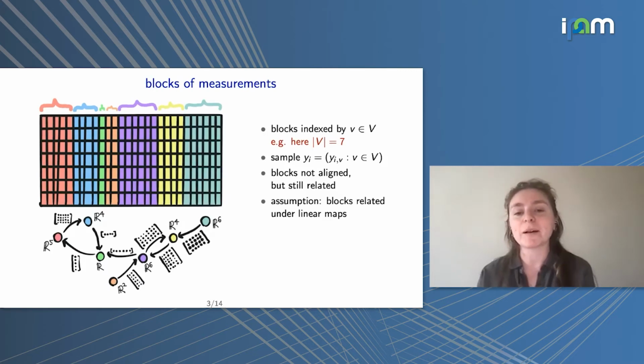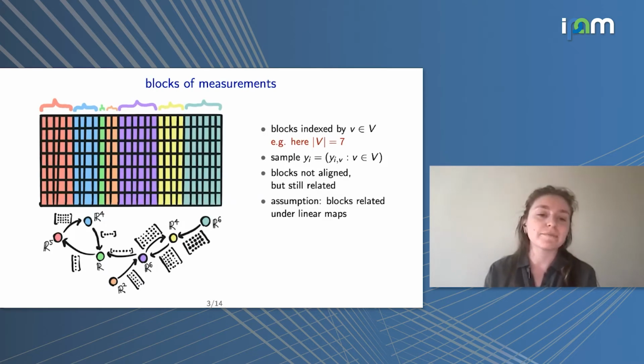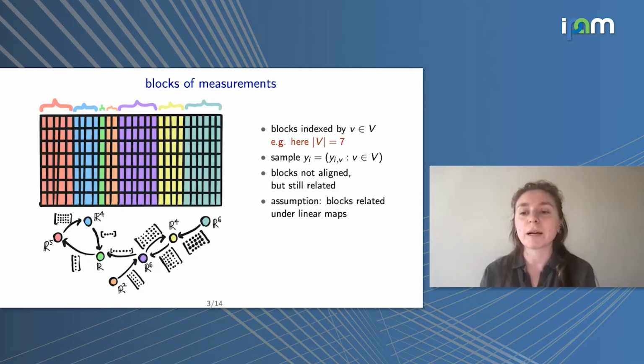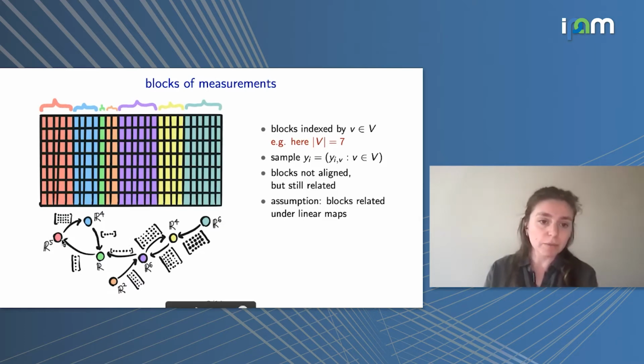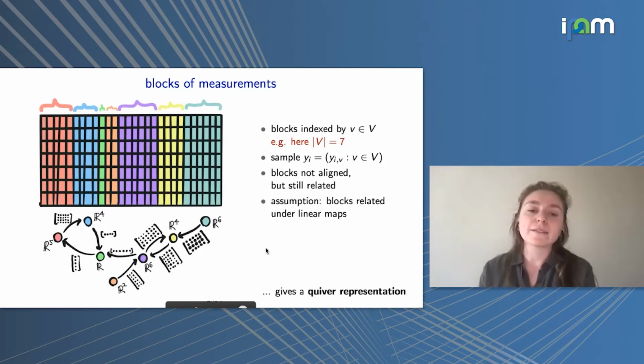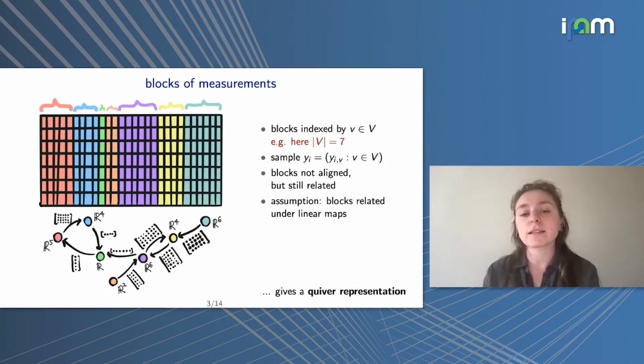And if they're linear maps, then here are some little cartoon pictures of linear maps that are represented by some matrices of the correct sizes. For instance, the map from R5 to R4 is this 4x5 matrix. Okay, and all this is to say that the connections between the different blocks of measurements in this case give us a quiver representation.